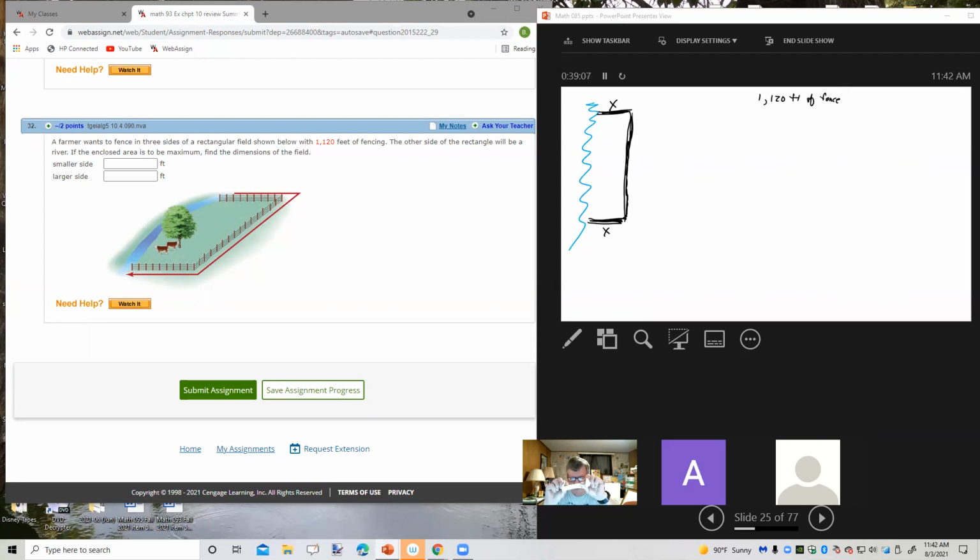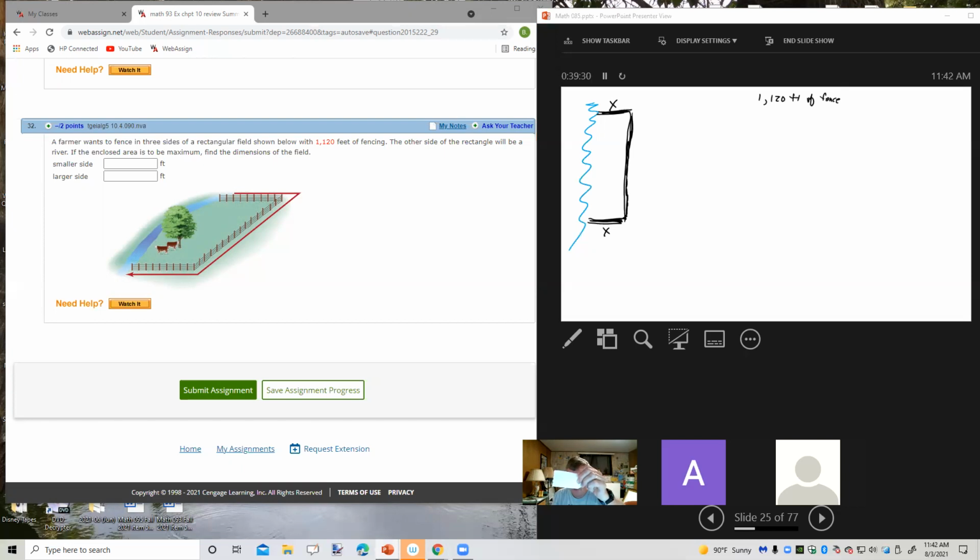Now, here we have my paper model that represents the 3 sides of the rectangle. So if I unfold this and make it straight, this is a total of 1,120 feet, right? But what if I take off this piece, which is X, and this piece, which is X? What do I have left?